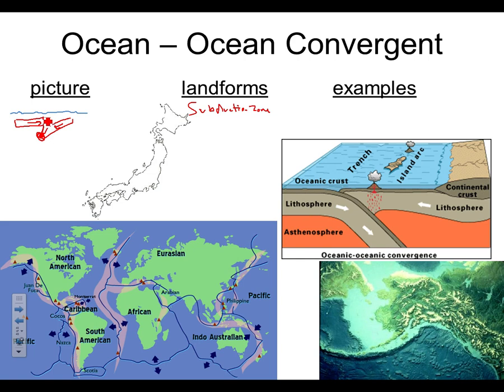Some of that lava is going to come up and it's going to make a volcano in the ocean. We call these island arc volcanoes. We call them island arcs because they're islands, they're in the water. Arc because they are arc-shaped, they're half circle shaped, and of course they're volcanoes. So island arc volcanoes. We have trenches, okay, right there is a trench.